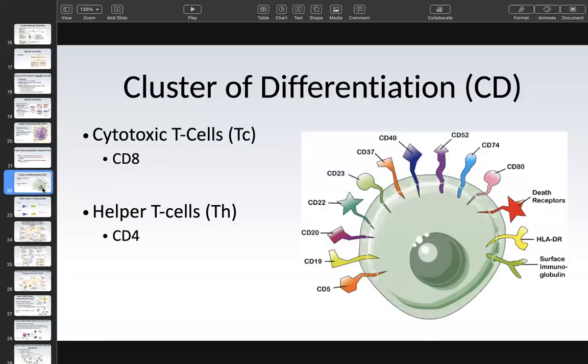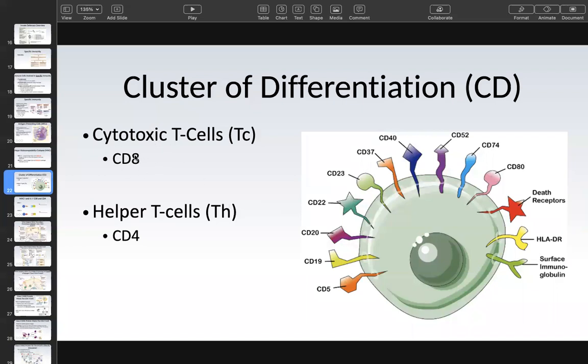So let's define the T lymphocyte players. You've got two main types worth knowing really well: cytotoxic T cells, often abbreviated TC, and then your helper T cells, often abbreviated TH. Now, when we first identified these T lymphocytes, we noticed that they presented with different proteins on their cell membrane surface.